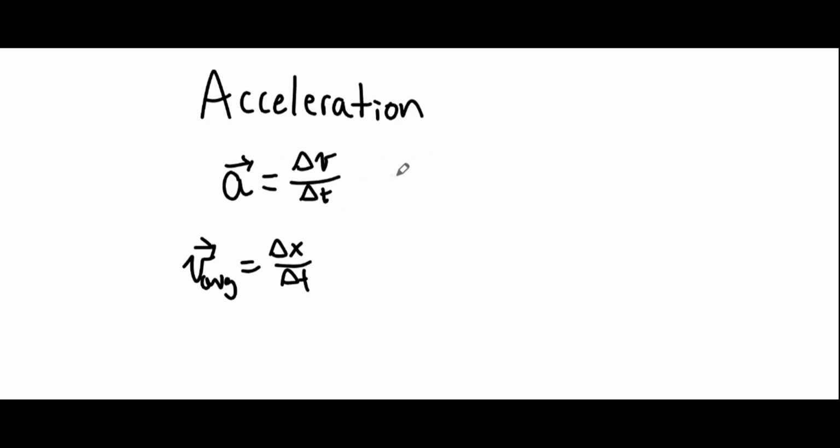So if we have this acceleration here, we're going to rearrange this equation into perhaps a more useful one. So if we have acceleration here, change of velocity, remember change can always be represented as final minus initial. Now if we multiply by time, we get a t.